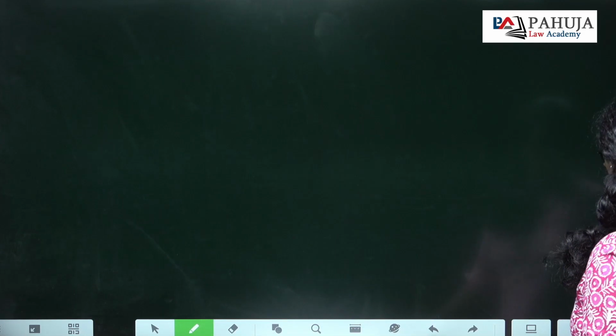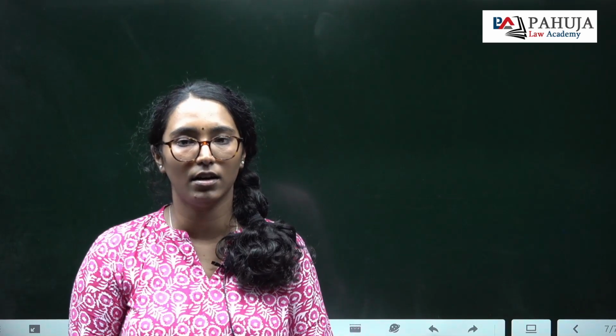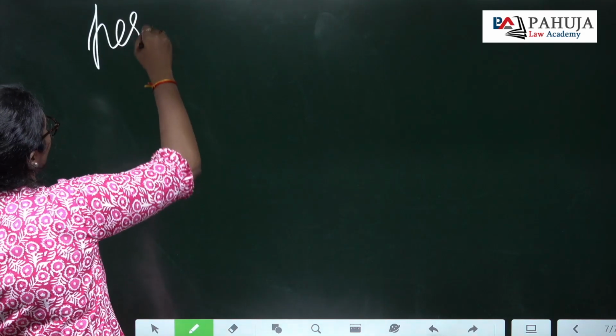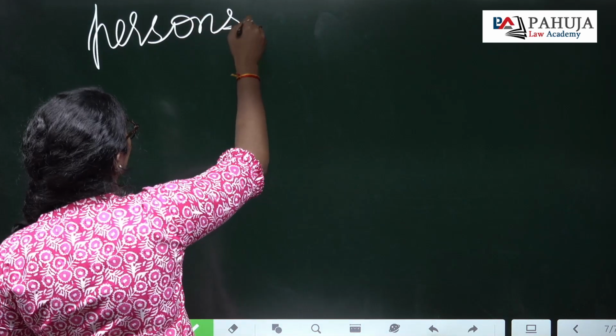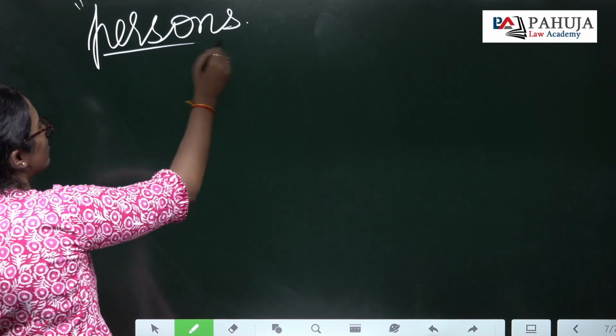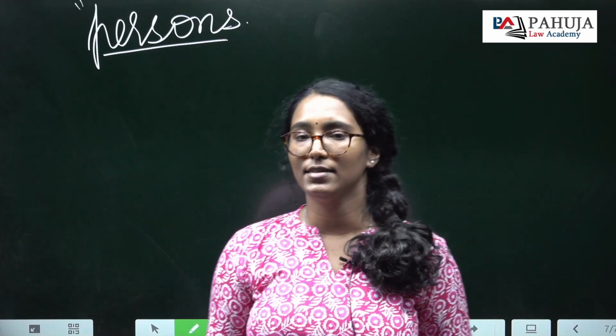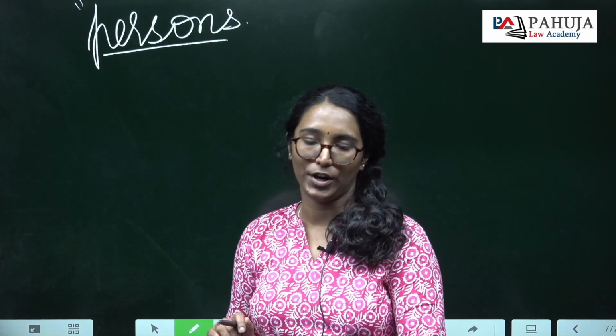Now, you must be thinking, if partners are persons, then what persons are included in the definition of person? Like we discussed earlier, persons includes both natural and artificial persons. So, let us see a few cases on this point.